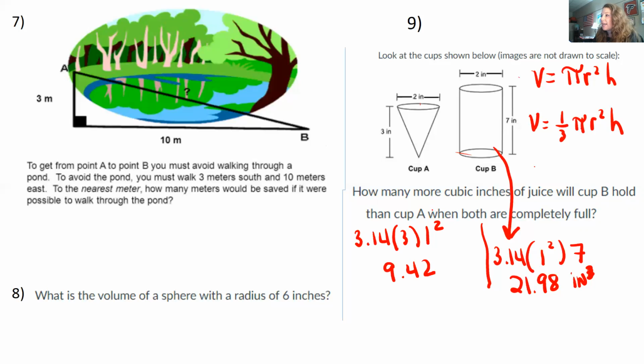And then to find how many more, we're going to subtract 9.42. When we subtract, we get 12.56 cubic inches more. So that's how much more the cylinder can hold than the cone.